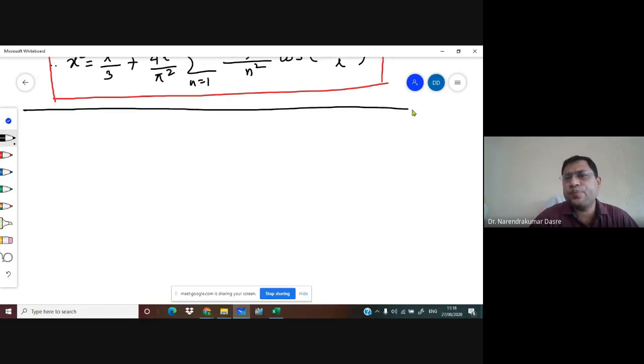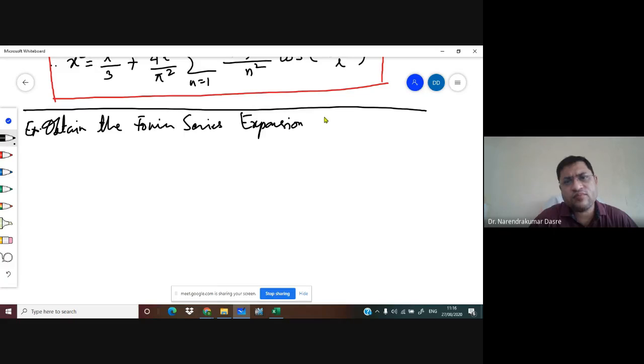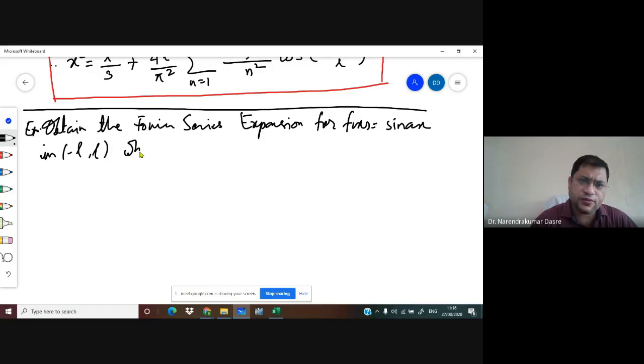Now we have to obtain the Fourier series expansion for f of x is equal to sine of ax in minus L to L, where a is not an integer.